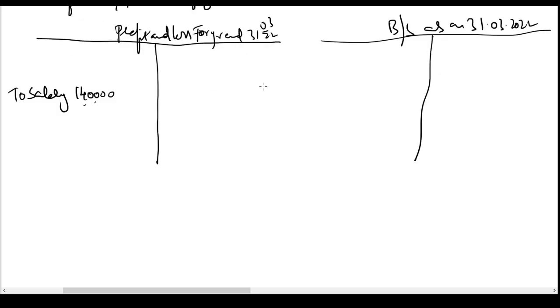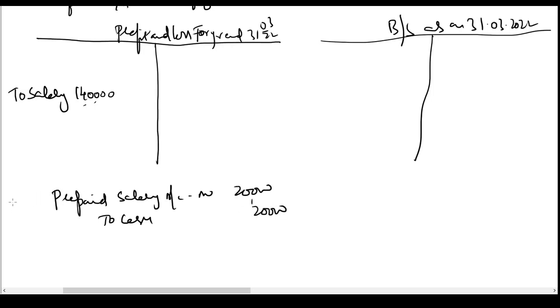So now we have to do some correction of errors. When we pay advance salary, the correct entry which we should have passed is prepaid salary account debit to cash. This is the entry we should have passed properly. But what is the error we have done?